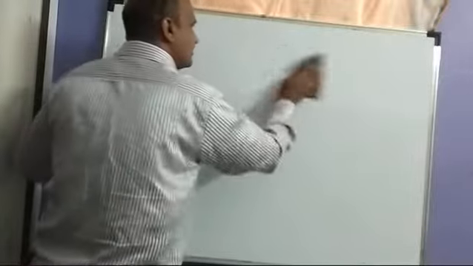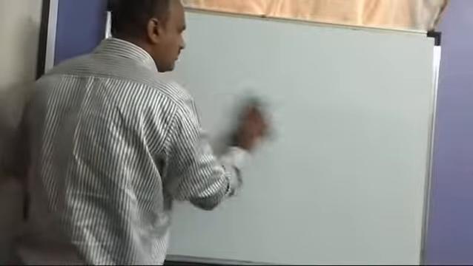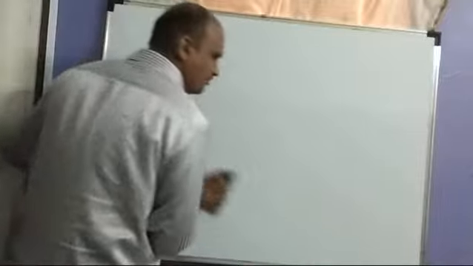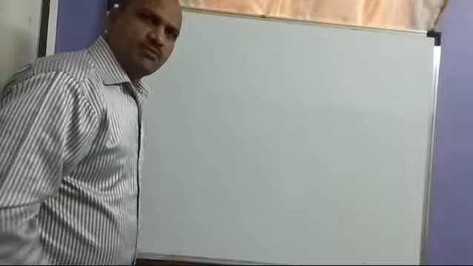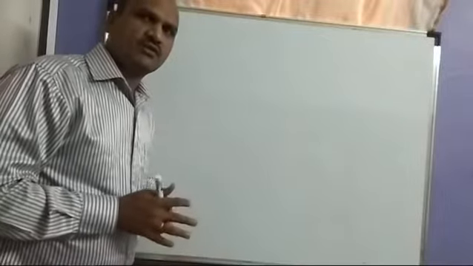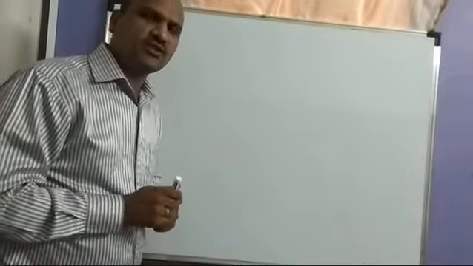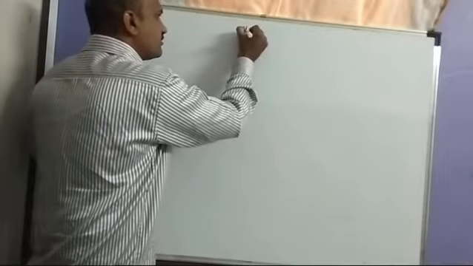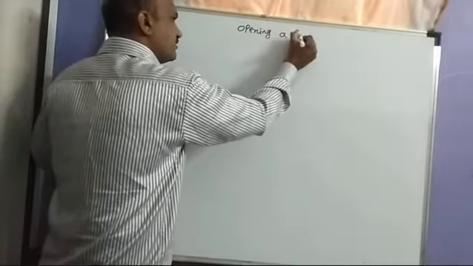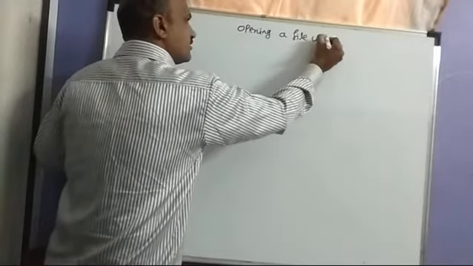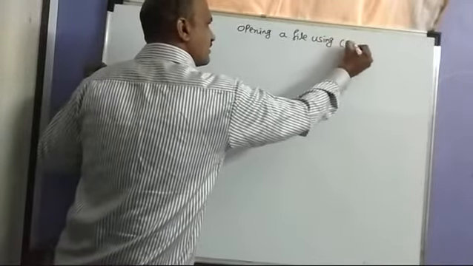That can be done with the open member function. You have to use the open member function. Now we will see one by one. First we will discuss opening a file using a constructor.